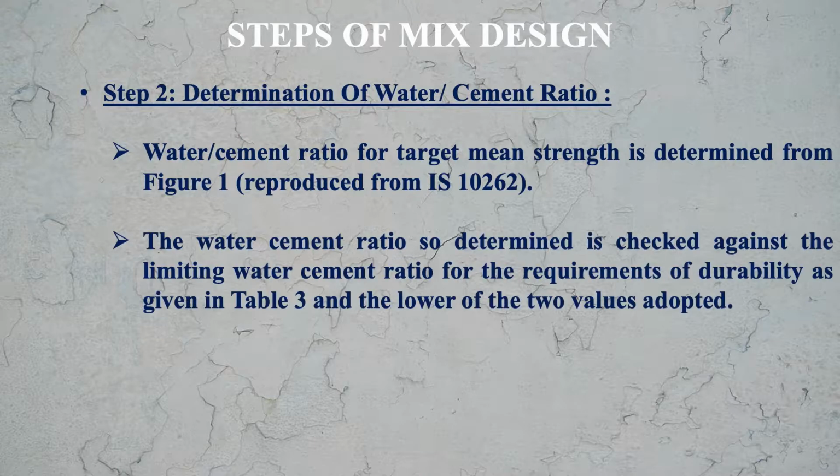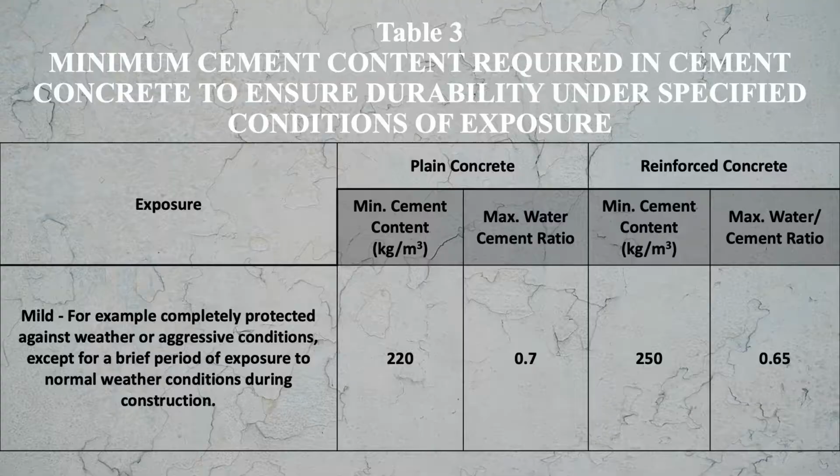The water cement ratio so determined is checked against the limiting water cement ratio for the requirement of durability, as given here in table 3, and the lower of the two values is adopted. So let us see what is given in table 3 and what is given in figure 1, because we will be taking the water cement ratio based on these two.